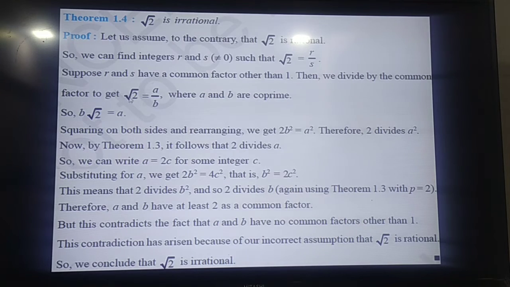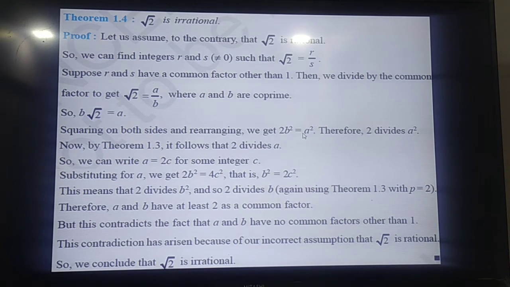Now what we do? We do the cross multiplication, then it becomes a equal to b into root 2. Now we square this. After squaring it becomes a square, and root 2 squared becomes 2, so it is 2b square. So a square equals 2b square.